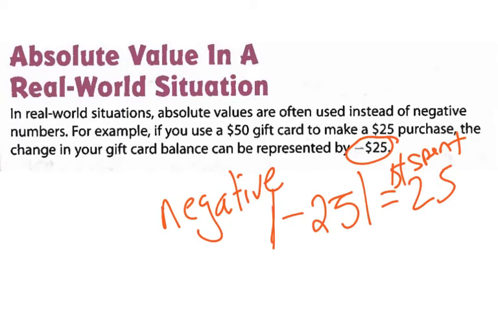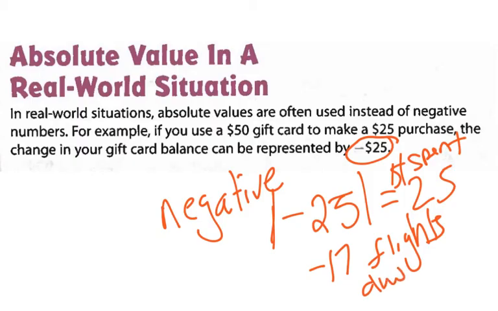You're not going to say, I went -17 flights of stairs. You're going to say, I went down 17 flights of stairs. That makes a lot more sense. So you probably didn't know you were using absolute value up until this point, but you actually were. We just now are introducing that term to you.